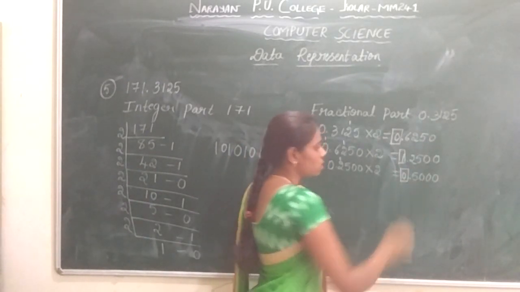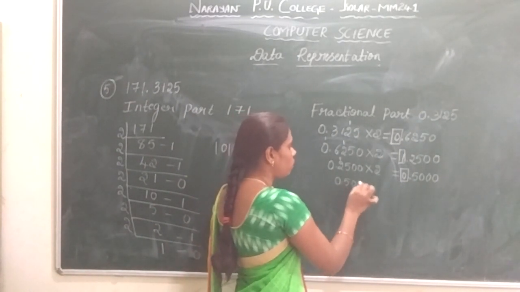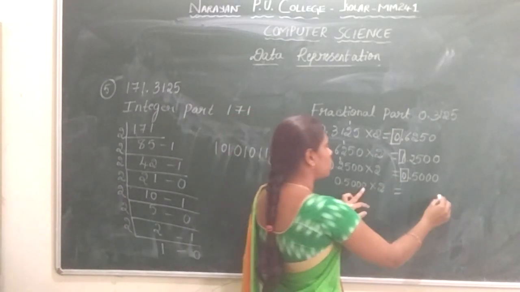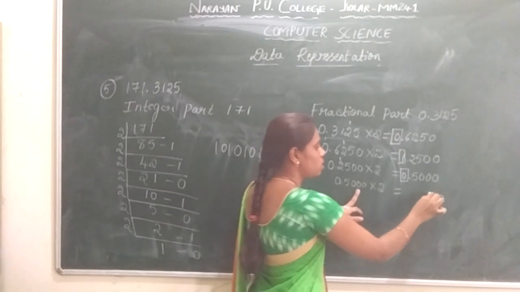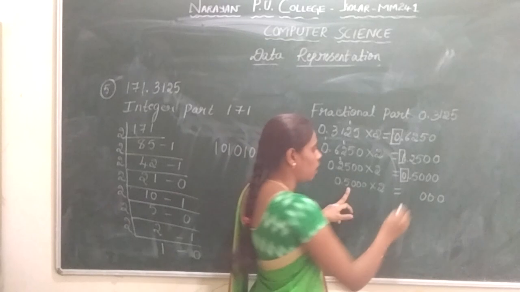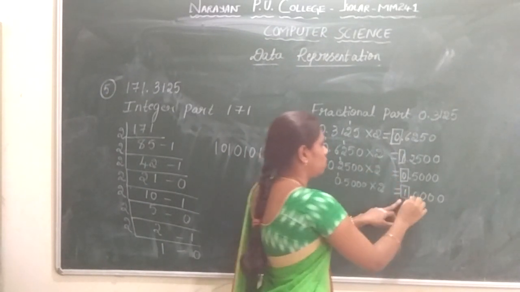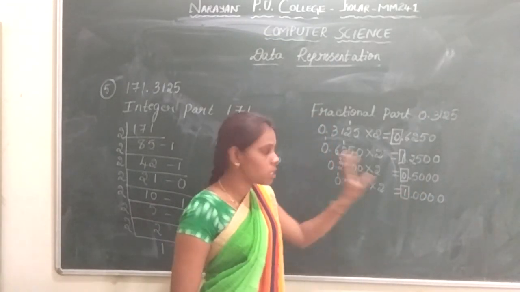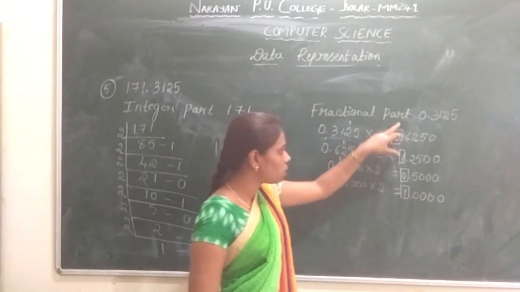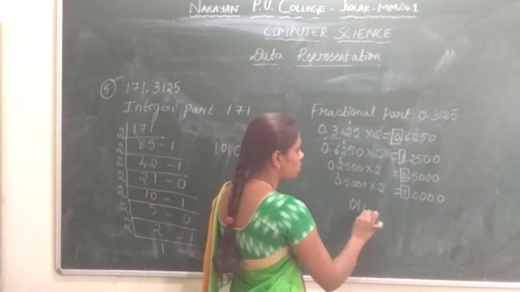So note down this integer part. Consider the fractional part again, 0.500 into 2. So 2 into 0 is 0. 2 into 0 is 0. 2 into 0 is 0. 2 5s are 10. Carry 1. So stop the multiplication process here because we got the fractional part as 0, and note down the values from top to bottom, that is 0, 1, 0, 1.